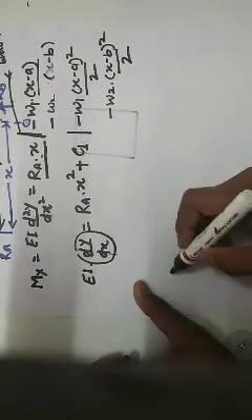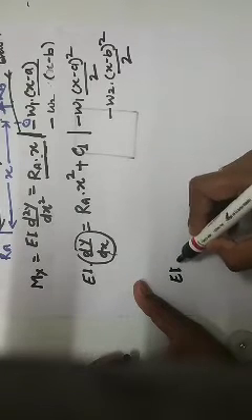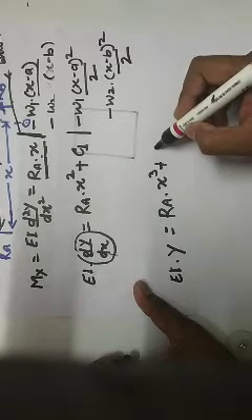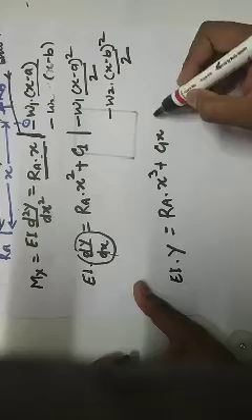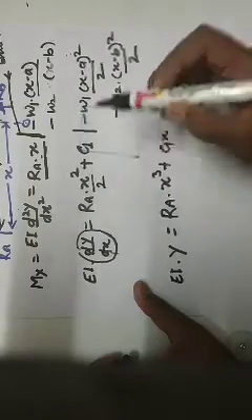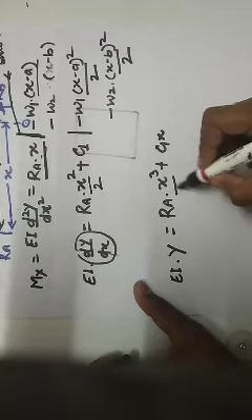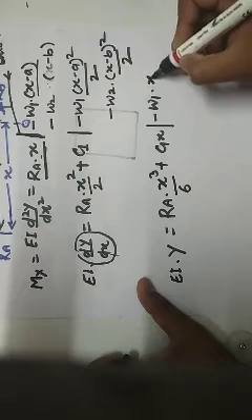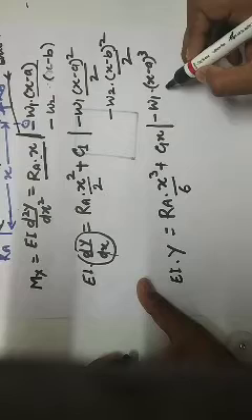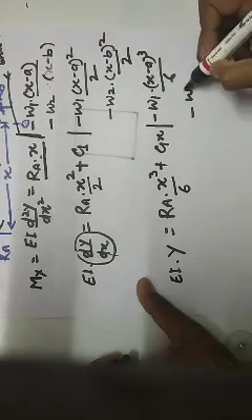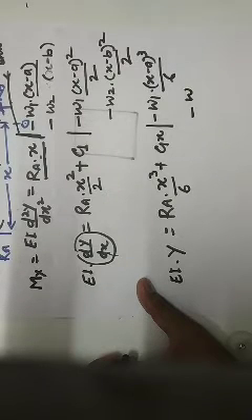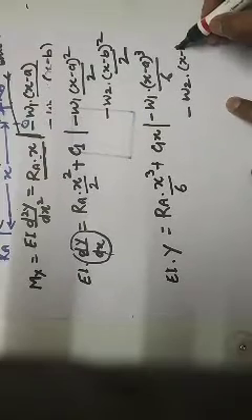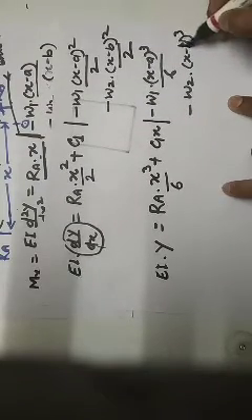Now integrate one more time, then we will have EI into y equal to Ra into x cube by 3 into 2, that is 6, plus C1x, and in the bracket minus w1 into x minus a whole cube upon 6, minus w2 into x minus b whole cube upon 6, right?